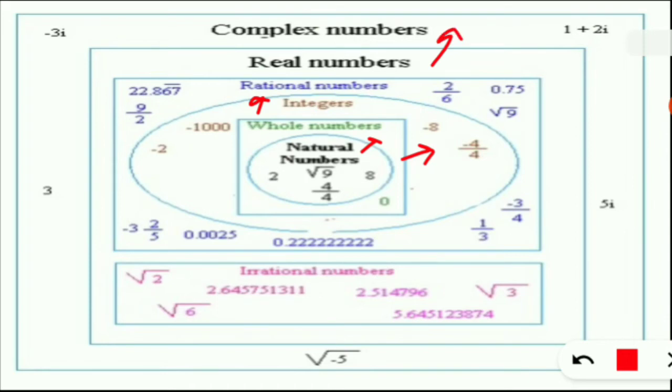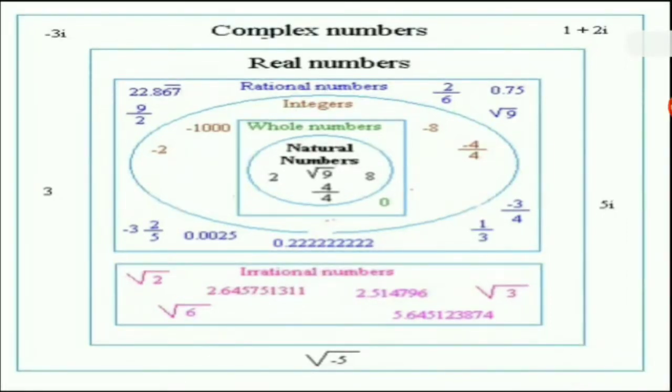All real numbers are complex numbers, but all complex numbers are not real numbers. Is it clear?